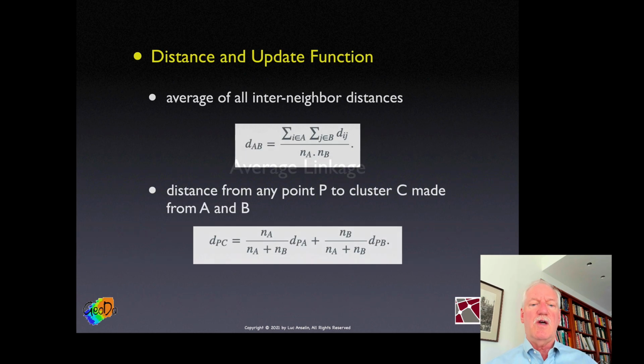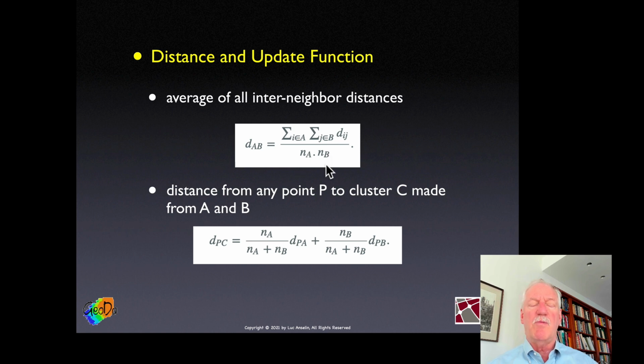Average linkage is what it says it is: the average of all the inter-neighbor distances. So instead of taking the smallest between 2 points, one in each cluster, or the largest between 2 points, one in each cluster, we take all of them and take their average.